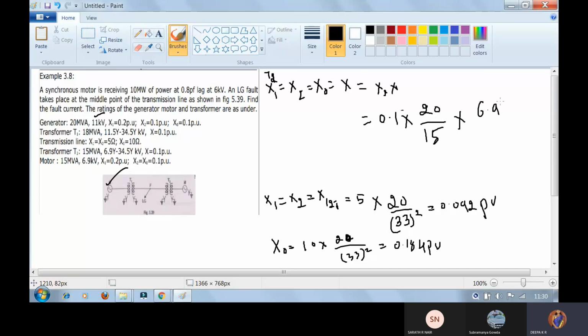And in the problem you can see what the calculated value is for transformer 2. It is common that you take it on the motor side, so you can write that as 6.6 which you got, the KV value on the motor side, because this transformer is connected to the motor side. Whatever KV you are getting can be written. So 6.9 divided by 6.6 whole square. Can you simplify and give me the answer?